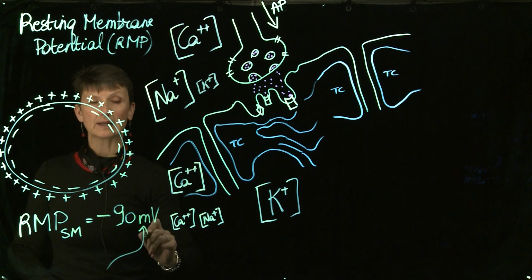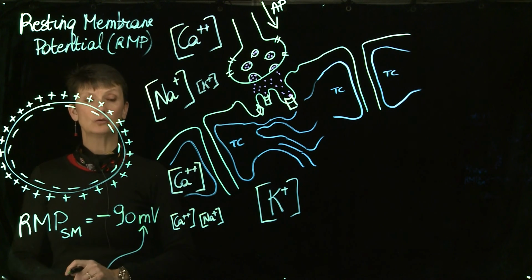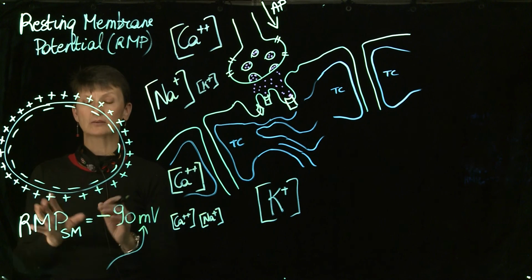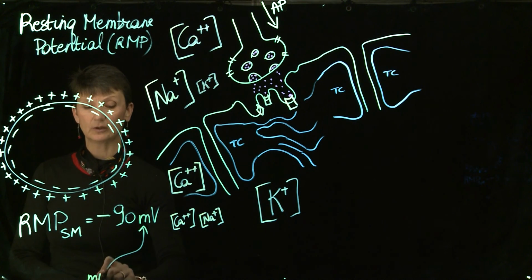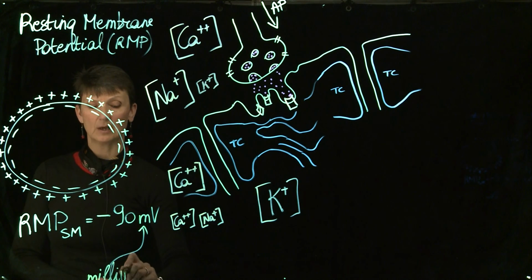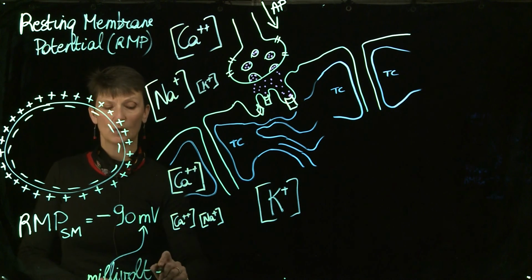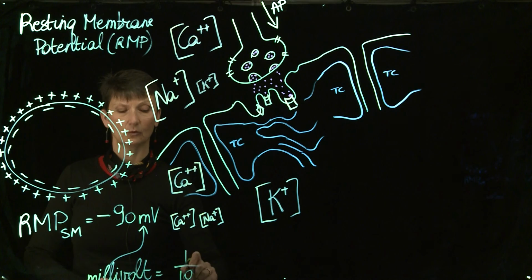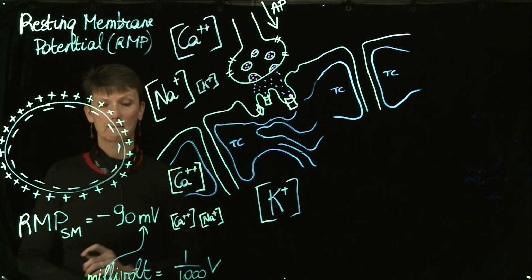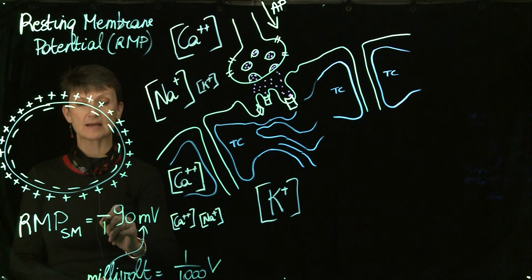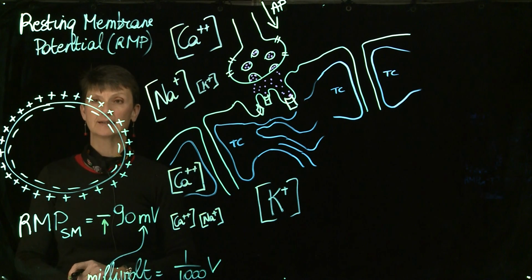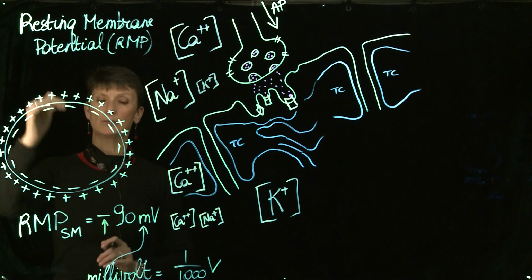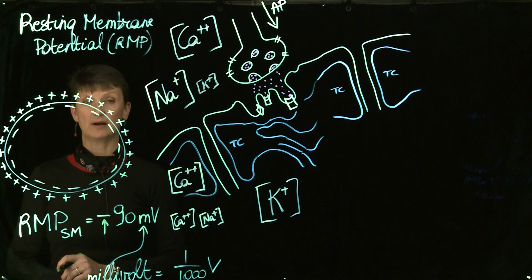So normally in electricity, the unit used is volts, but we're dealing with very small structures called cells, so we use the unit called millivolts. A millivolt is one thousandth of a volt. Okay? The minus sign is important because that is representing the fact that the inside of our cell membrane is always less positive compared to the outside.